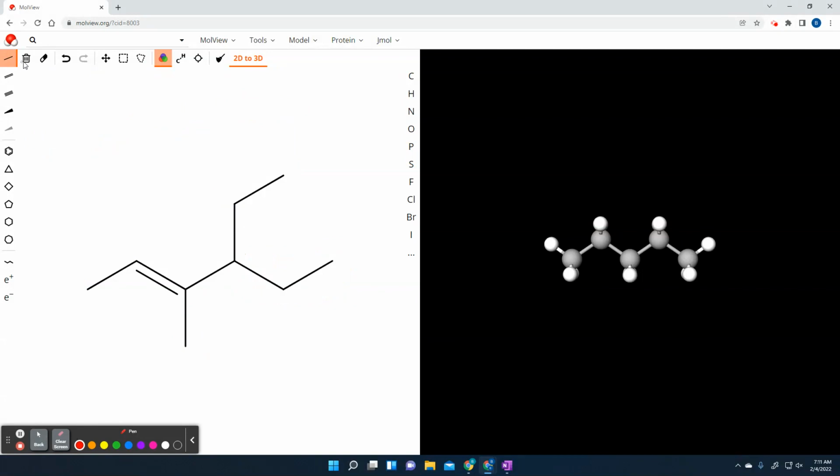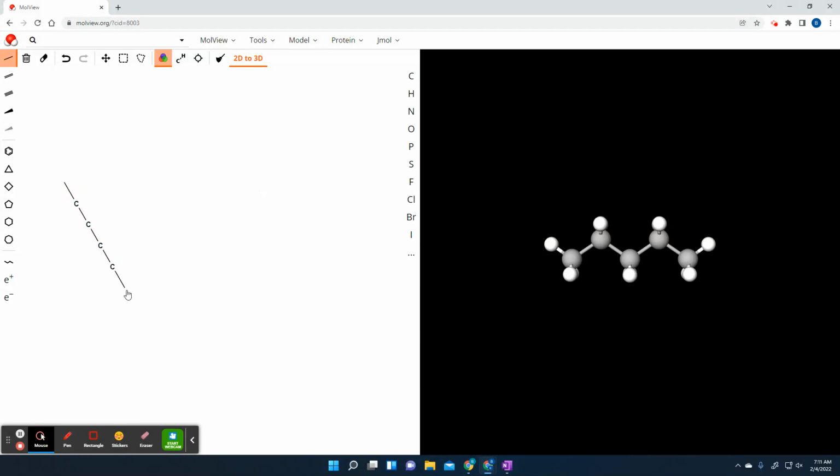While we're at it, let's just do a quick triple bonded example. 1, 2, 3, 4, 5, 6, and 7. Throw a triple bond here. Couple easy branches, 1 and 2. We look at the numbering.